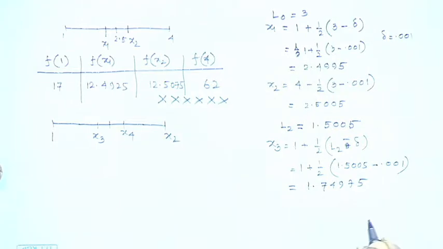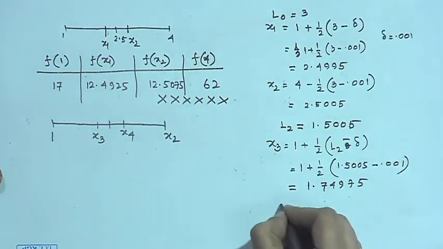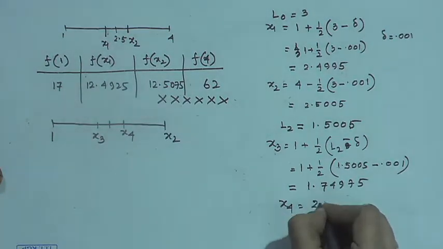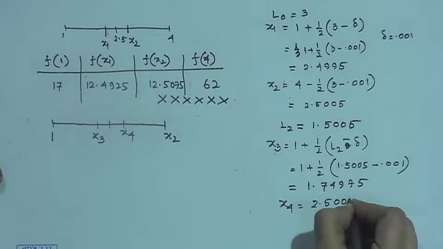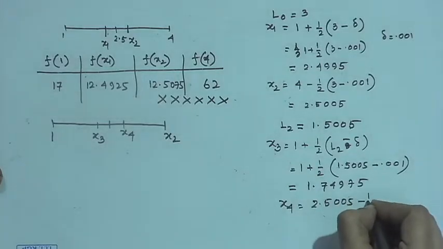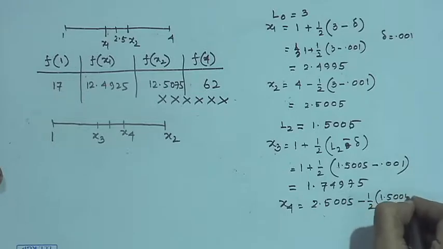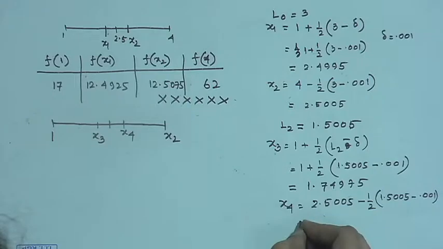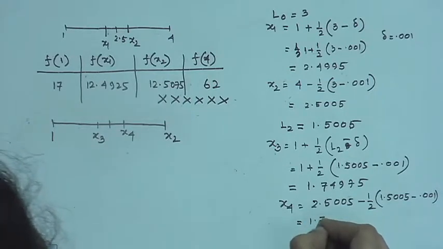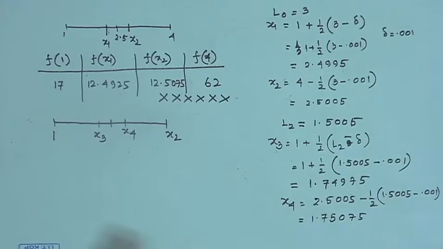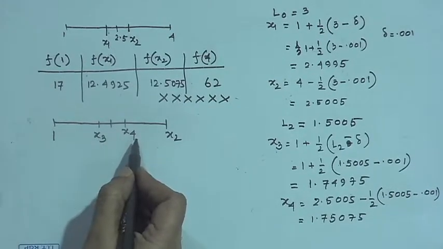This value is coming as 1.74975. And x4 is coming as x2 minus half of 1.5005 minus 0.001, where x2 is 2.5005, and this value is coming as 1.75075. Then we get x3 and x4.